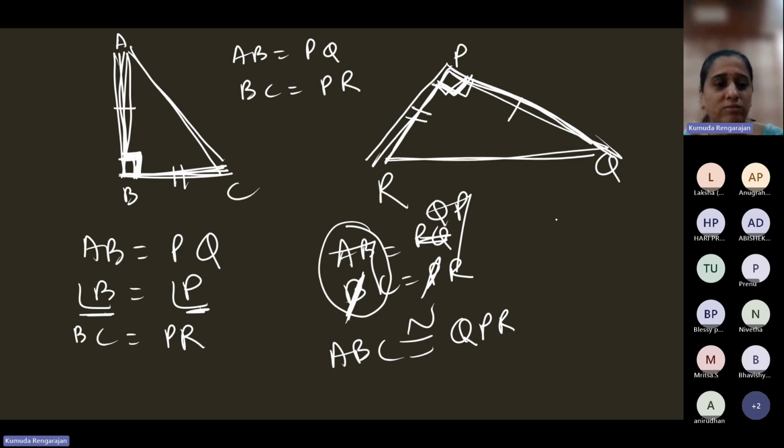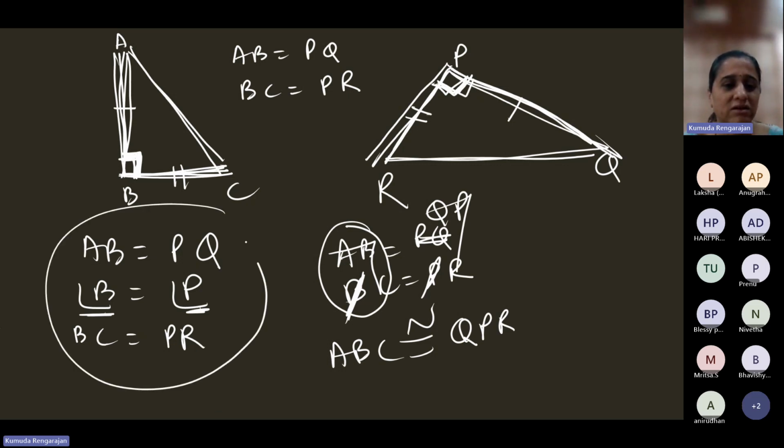Children, do this in the rough column. Don't make the changes here, this is our rough work. To name the triangles in the correct order, this is our rough work. After listing the three equalities, you have to name the triangles in the correct order, right?